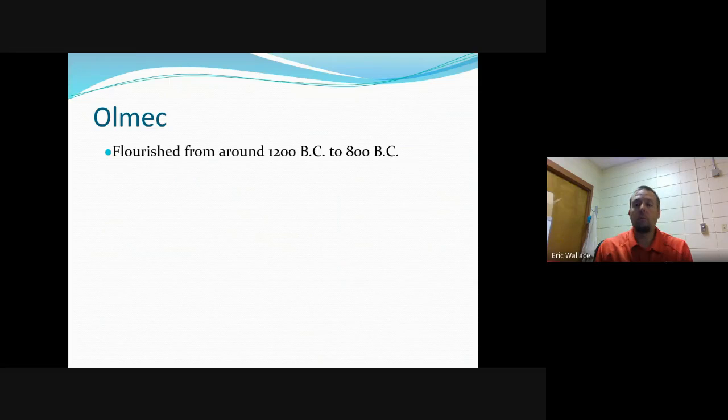With some of them we do, some of them we don't. With the Aztec, it's because the Spanish bring diseases and it basically wipes them all out. But we'll talk about that later. The Olmec will flourish from 1200 to 800 for about 400 years there in Mesoamerica.